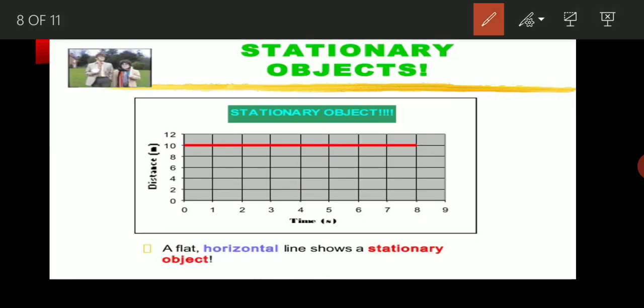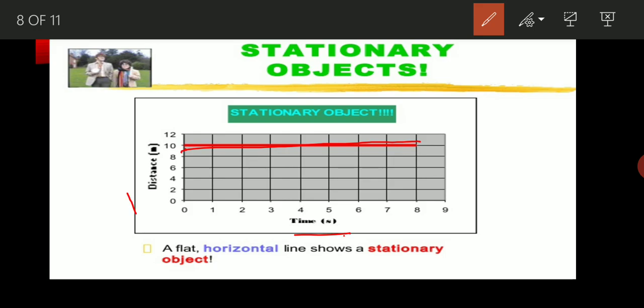Now the same thing again. Here I have told you that if the object is in a stationary position, it always gives a graph parallel to the x-axis or time axis. In this graph you can easily see that the distance is given here as 10.